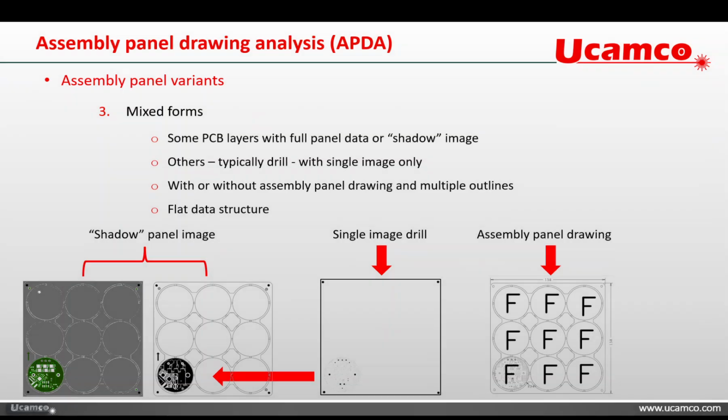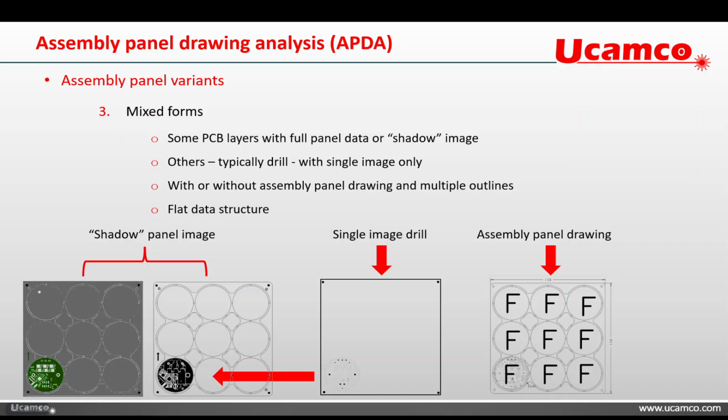Case number three is somewhere in between, or a mixture of these two, you could say. It's the case where the PCB layers have a single image, so one-up, the one in the bottom left image here, and in the assembly panel, the bottom left image has the full copper details and drill details and mask and legend.